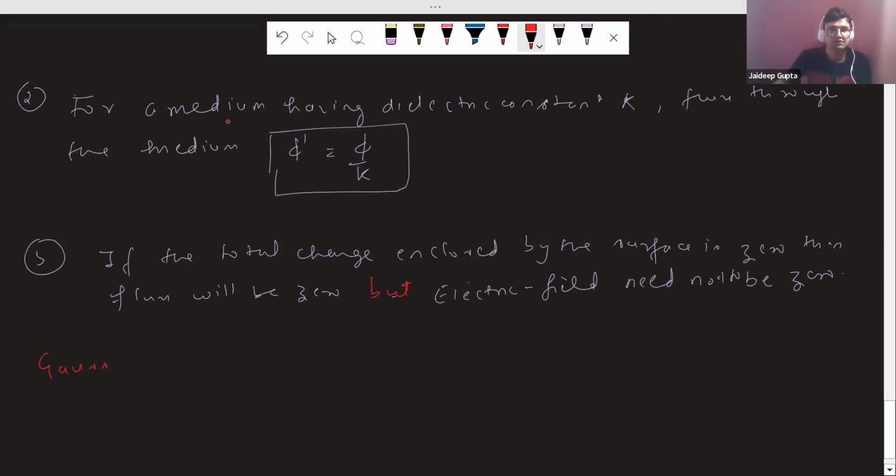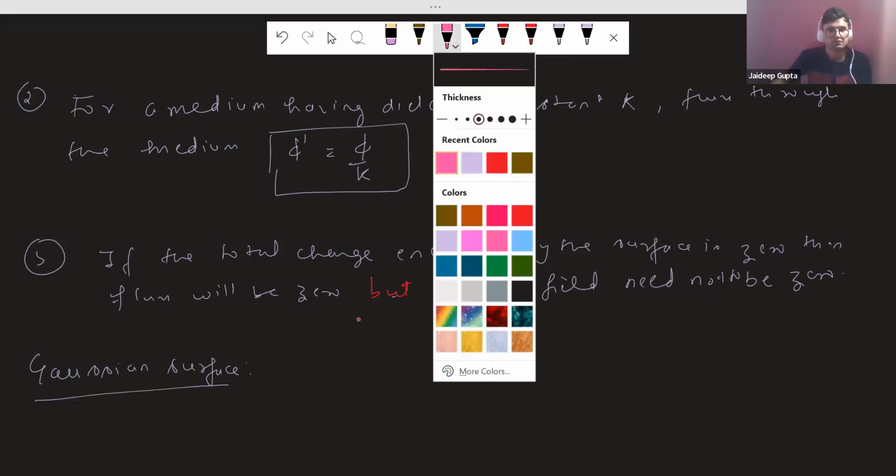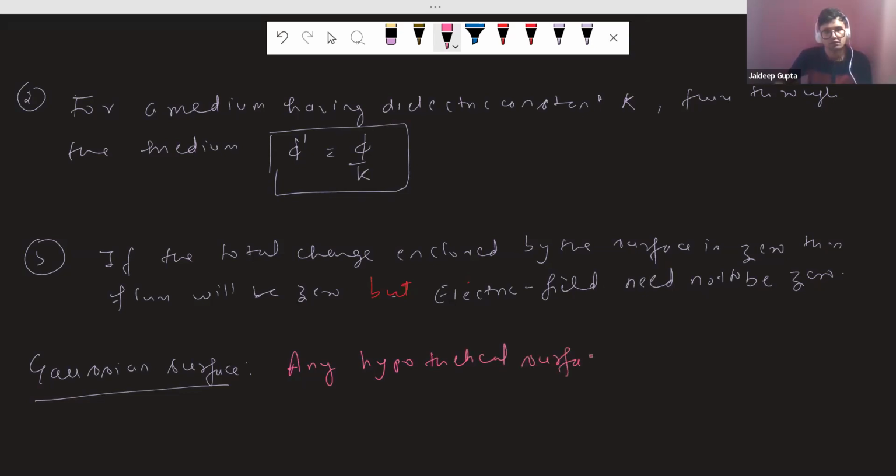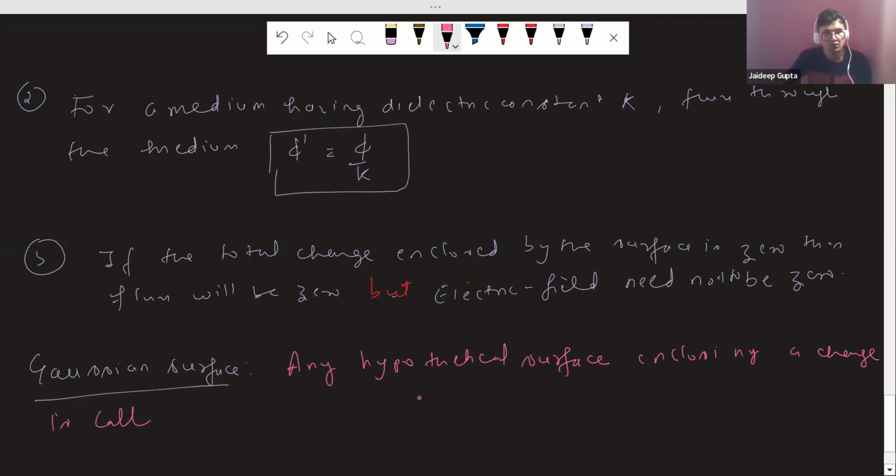And next is Gaussian surface. Any hypothetical surface enclosing a charge is called a Gaussian surface.